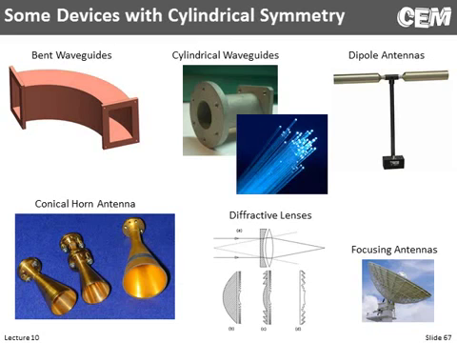Some example devices: if we have a waveguide bend, here's the axis of our cylinder, so we could treat this as a 2D model but in cylindrical coordinates. Circular waveguides, fiber optics, dipole antennas are cylinders, cylindrical horn antennas, lenses are circles, and parabolic antennas, these are all circles and all things that are much more efficiently modeled using a body of revolution or a cylindrical type coordinate system.